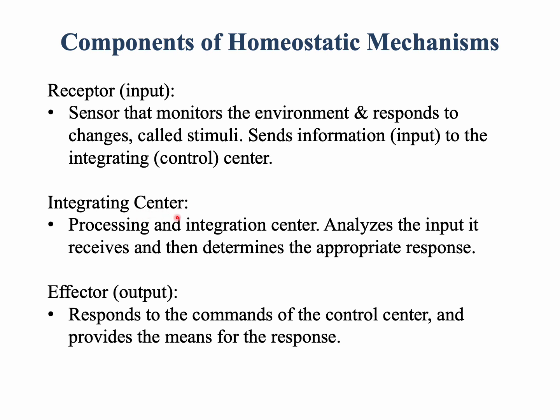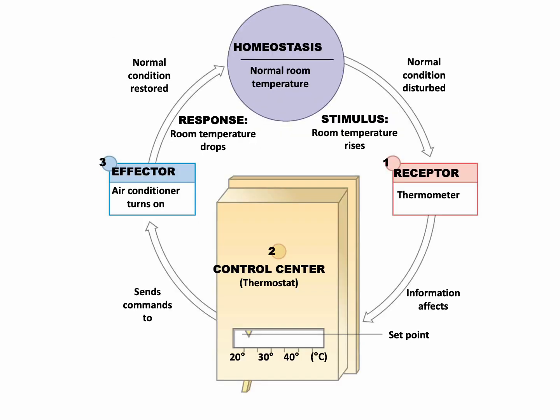The integrative center is going to process that information. It analyzes that input and determines an appropriate response. And then the effector and the output: the effector is going to respond to those commands from the control center in order to provide the means for the response.